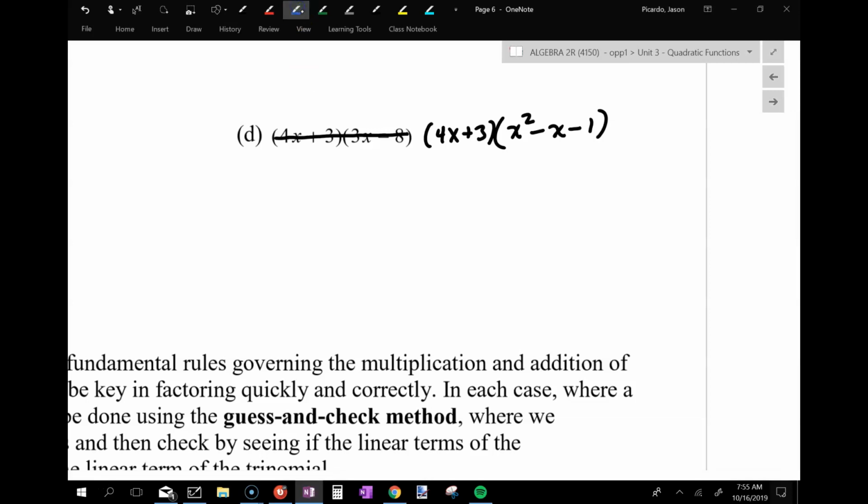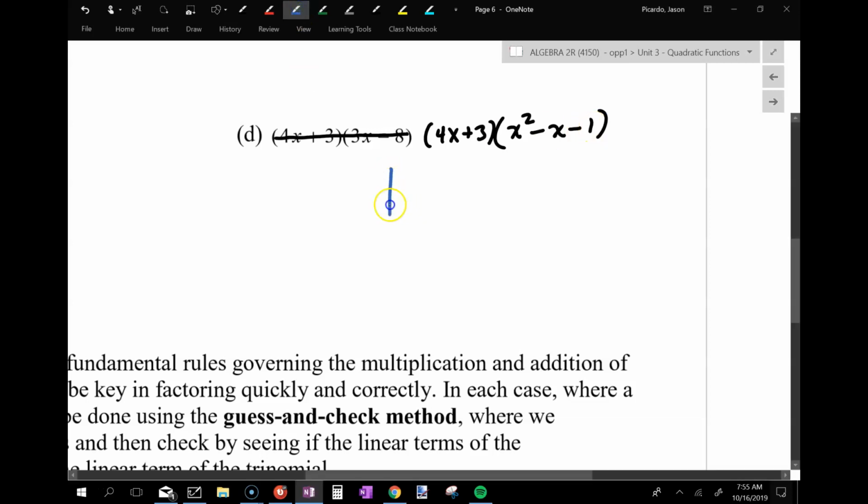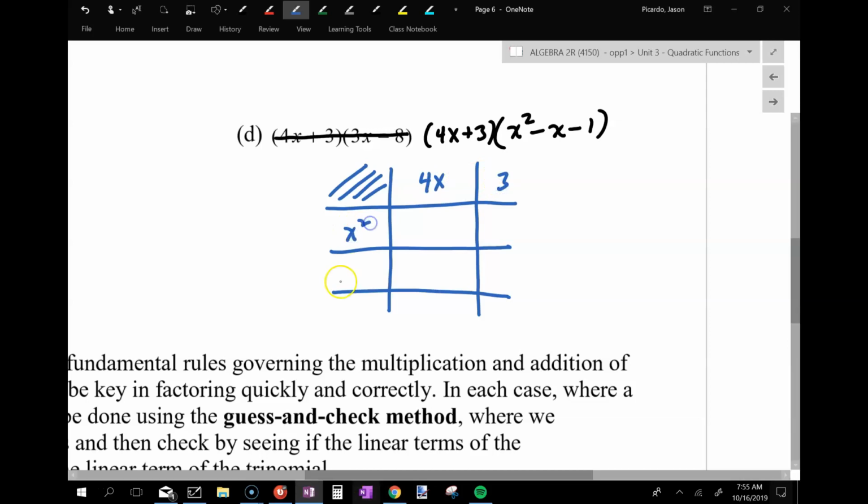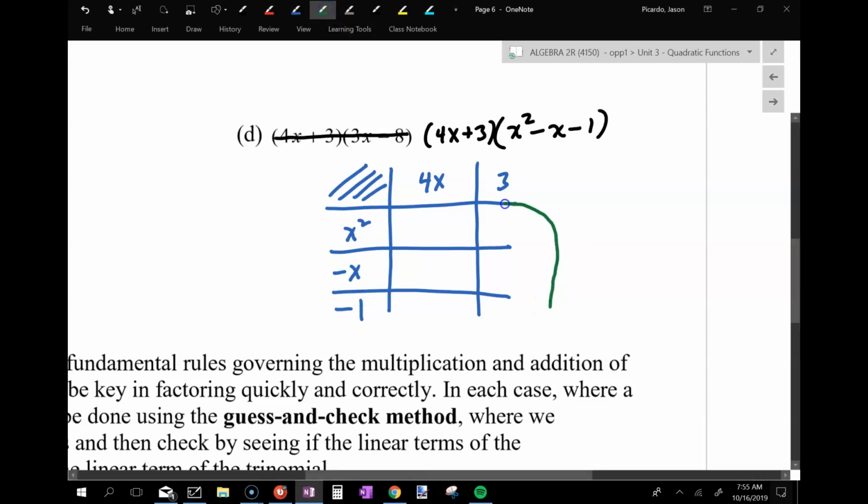So if you listen carefully to the directions, I have 2 times 3, so that means 2 lines and 3 lines. This top corner still remains empty. And so now what do I have? I have 2 spaces here, so that's got to be the 4x plus 3. And then I have the 3 spaces here. And I know that my answer is going to be these 6 spaces, right?